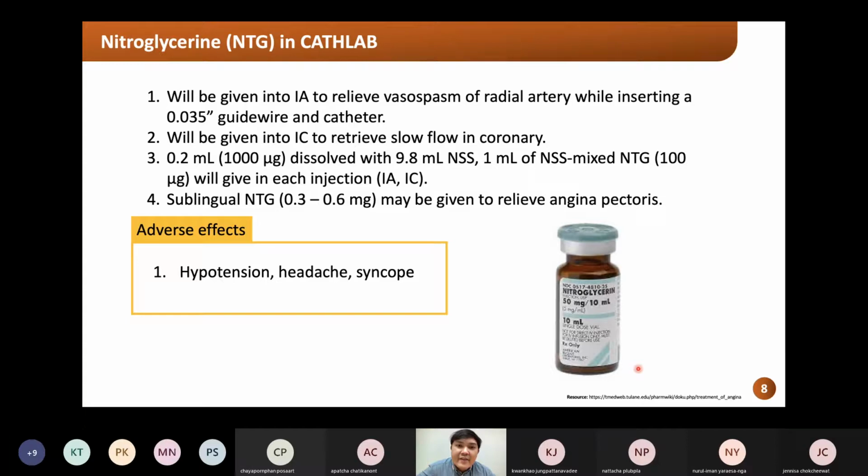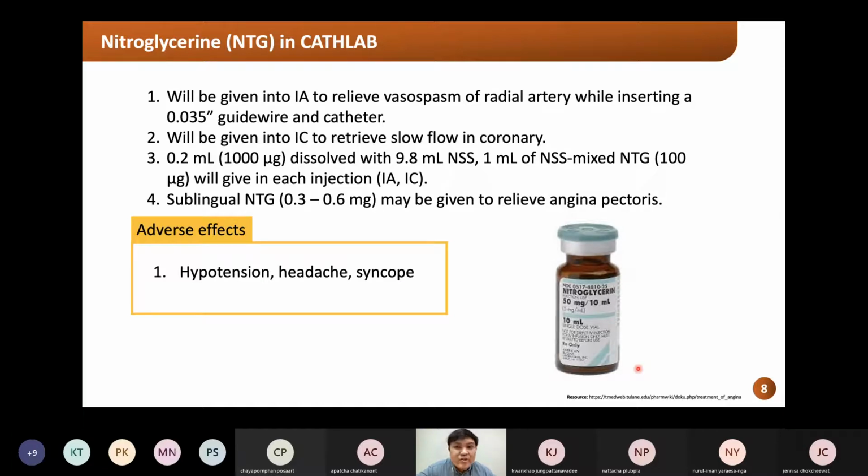So you have to dilute it. The easy way to dilute: 1 milliliter equals 5 milligram, so 5 milligram is equal to 5,000 microgram.